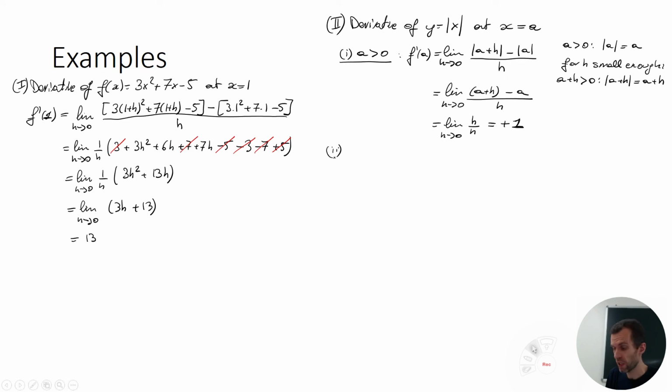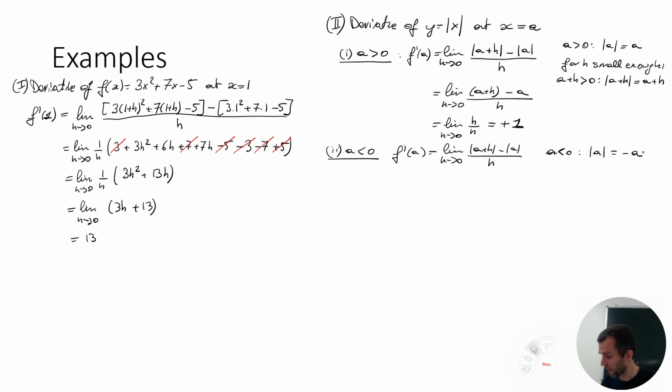So now for the second case, a negative, we can do pretty much the same thing. F prime of a is the limit of h going to 0, absolute value a plus h minus absolute value of a, divided by h. And now we have the opposite simplification, so a is negative, absolute value of a is minus a, and also a plus h is negative for h small enough.